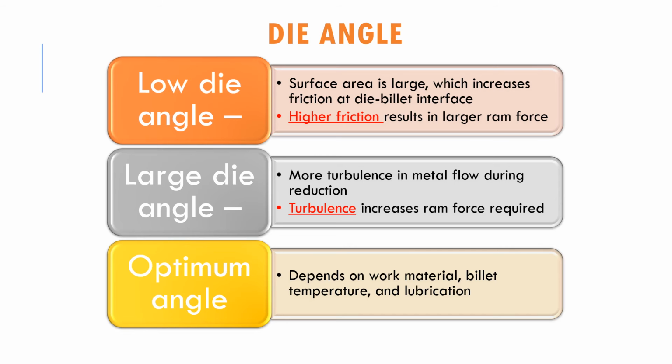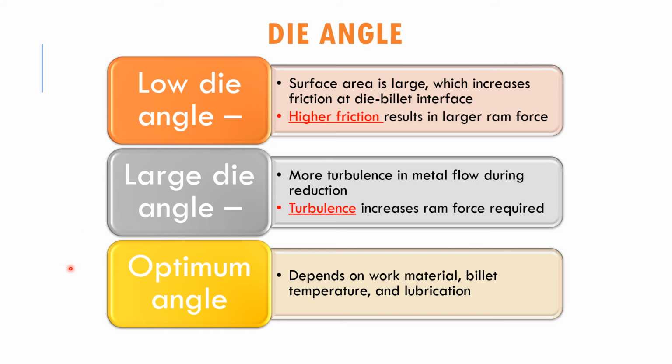As for a large die angle, there will be more turbulence in metal flow. So this also will increase the ram force required to push the workpiece to come out from the die opening. So in here, the lowest die angle or the highest die angle doesn't give a good result.